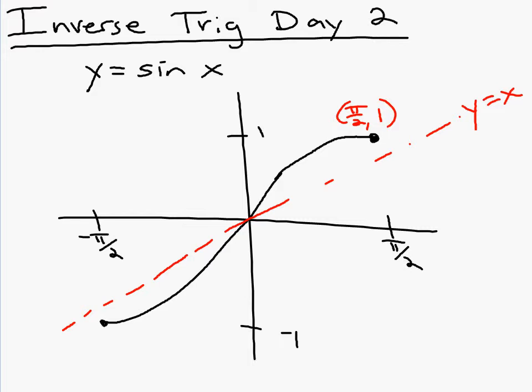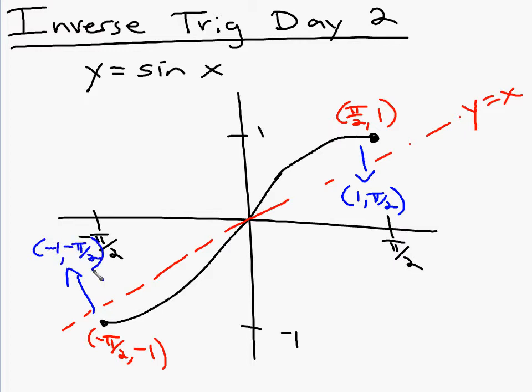All right? So after we flip this thing, and we're not going to do it on this page because it'll get kind of messy, it will become 1, pi halves. The coordinates of this point right now are negative pi halves, negative 1. After we flip it, it will become negative 1, negative pi halves. Okay? So our new graph for the inverse sine function after we reflect it is going to have different coordinates.